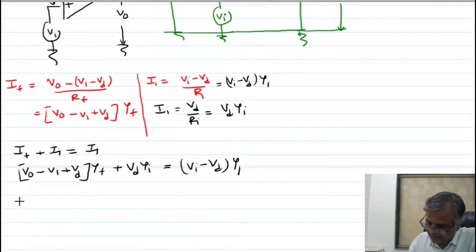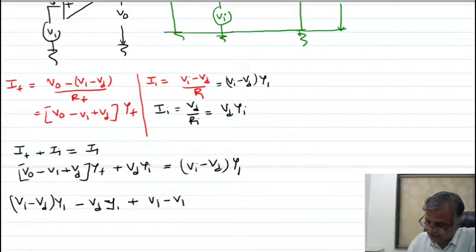So I can write Vi minus Vd into Y1 minus Vd by Ri plus Vi minus Vd minus Vo into Yf is equal to 0.